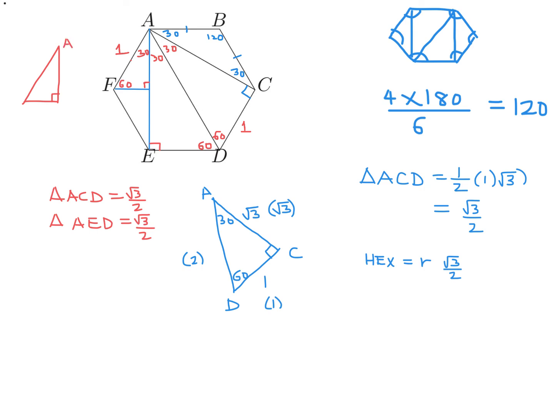This is A, this is F, and this is 1, and this is 60, and this is 30 in terms of its degrees. So the ratio of the sides are 1, 2, and root 3. So that means that this base is going to be a half in terms of its value.